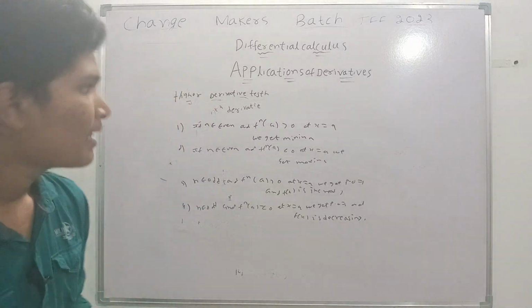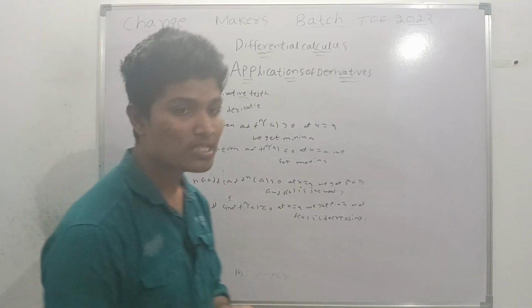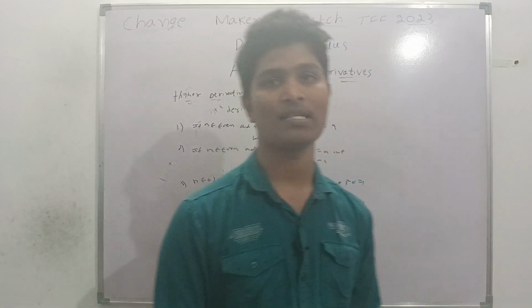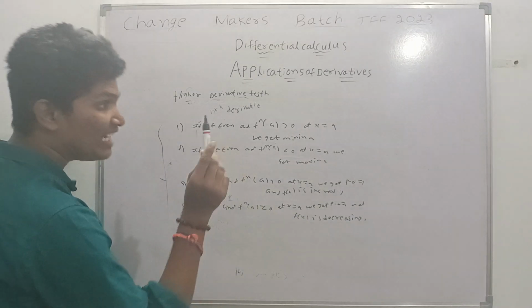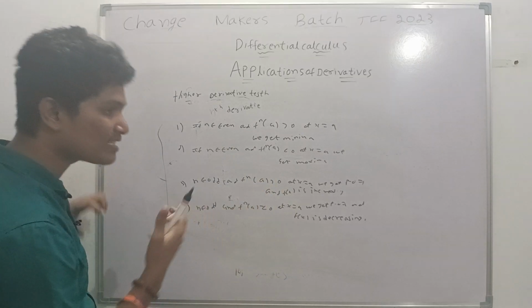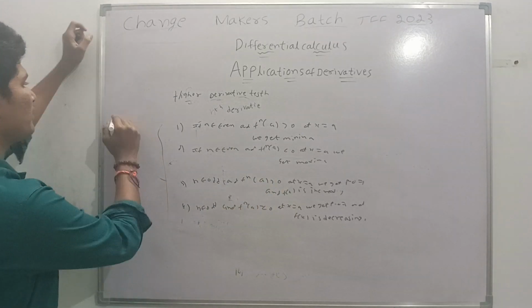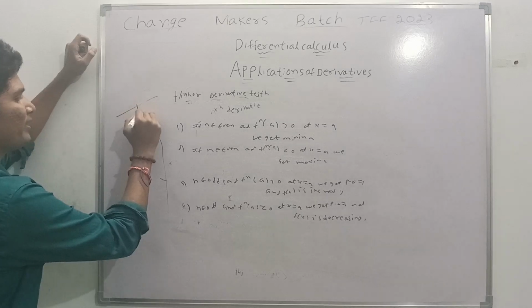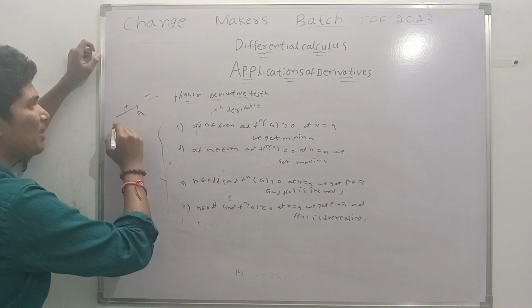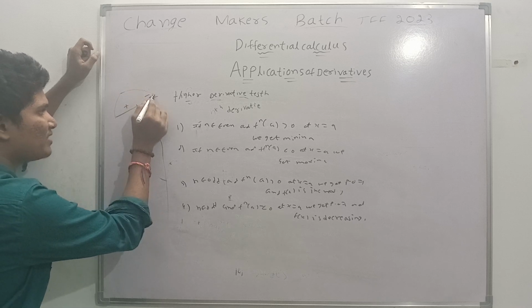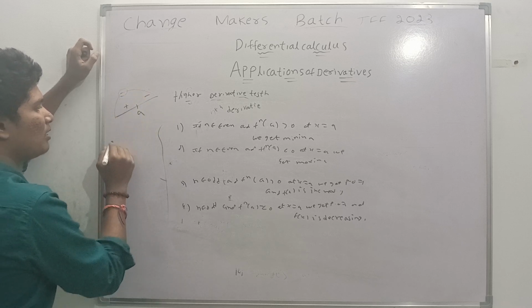See, basically the higher order derivative test is used when the second order derivative test fails. The main purpose of this is you are checking about the inflection, curvature, these things. Suppose there is a point A, before the point it is plus, after the point it is minus, means first the graph is increasing and next the graph is decreasing. So at A we can get maxima.